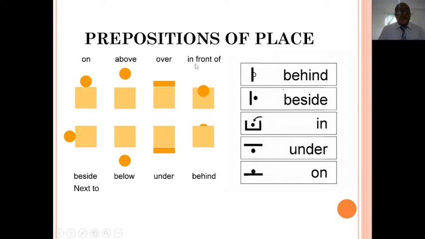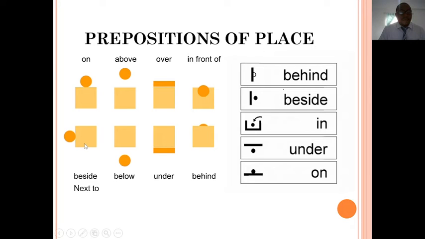Number 4, in front of. Again, in front of. Now if we look at the box and the ball, we can see that the ball is in front of the box. Number 5, besides or next to.